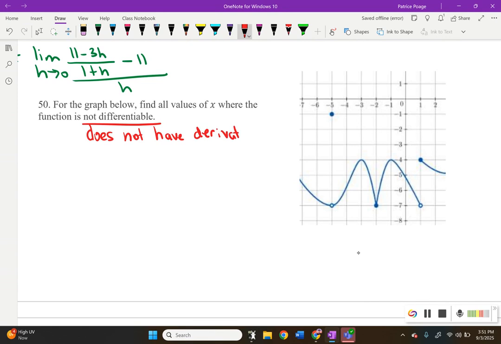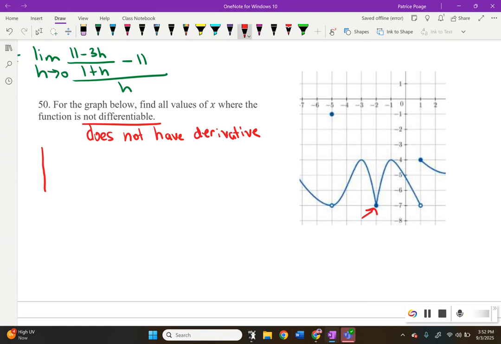So there are 3 things to look for. If the graph at any time goes vertical, then it would not have a derivative there, but that doesn't happen on this graph. The other 2 places are wherever it's discontinuous, like there's a hole or a gap in the graph, or if there's a sharp corner, which happens right there.